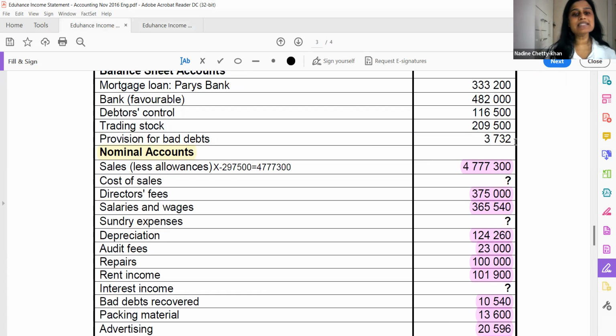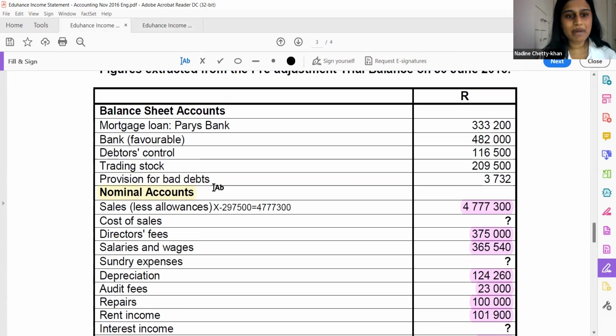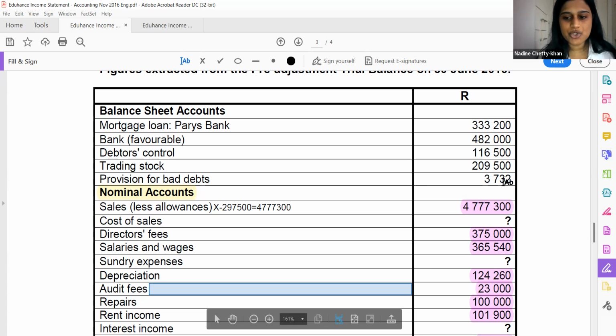Now that is basically something I call a negative asset. Because why? It's an amount that will reduce your debtors control. Remember previously I said it can be netted off against debtors control. It can be subtracted under debtors control and put as one line item. So that's why I call it a negative asset. You subtract it from another asset. So the current balance is 3,732.